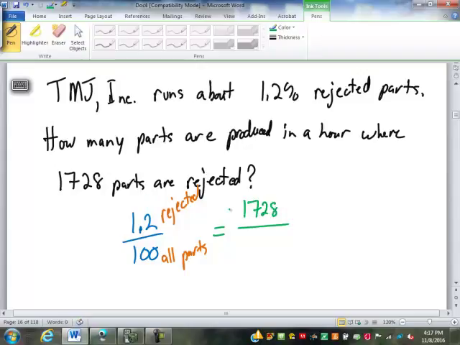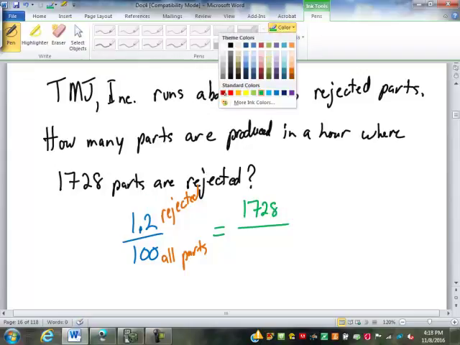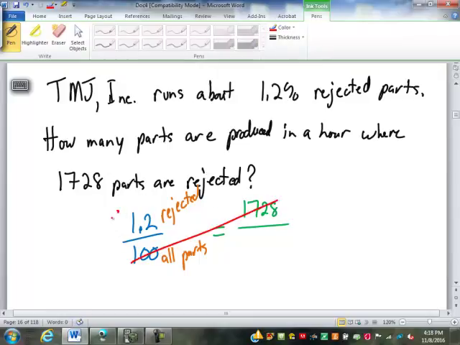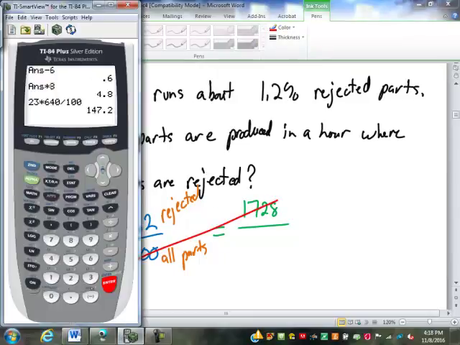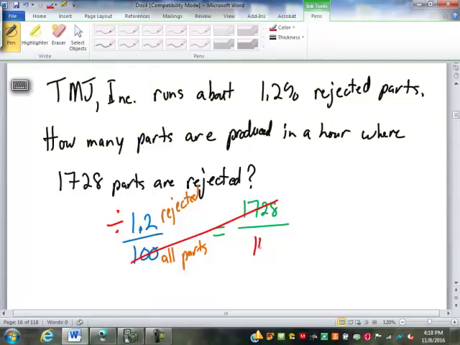So that goes on top of the rejected. So now we will cross multiply and divide, giving us 144,000 parts. Any questions? Well, then how about this next one?